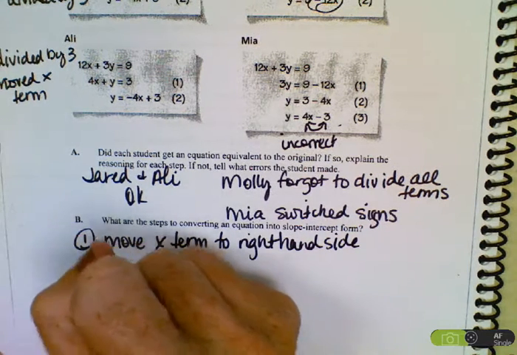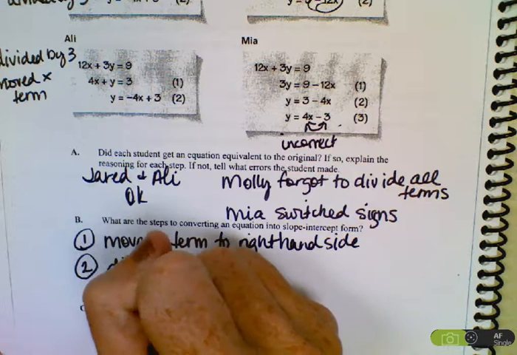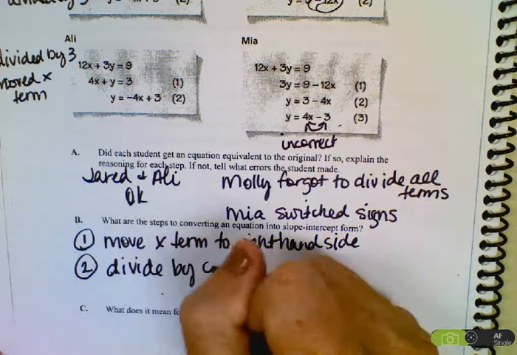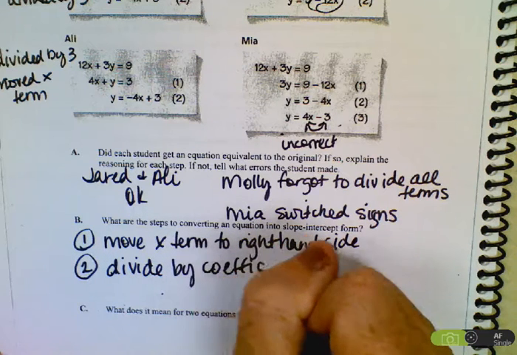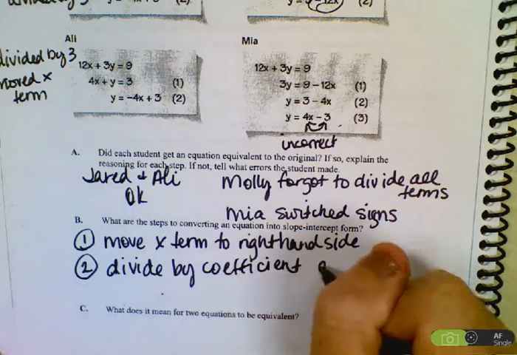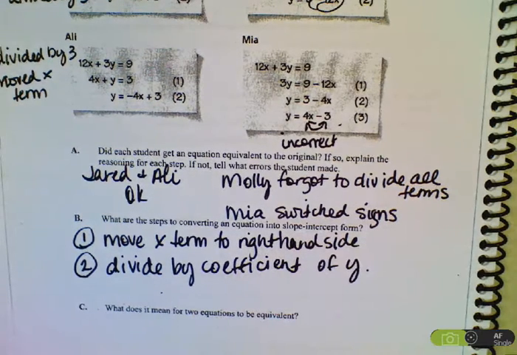And then divide by the coefficient, the number in front of y. Okay? So that's all that we need to do.